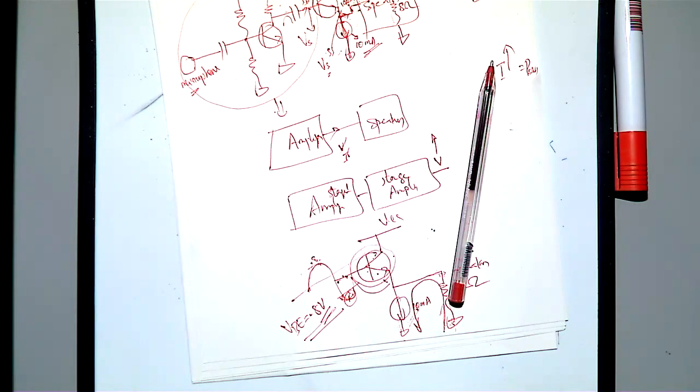But at some point when the signal is going negative, after this point your signal is negative, which means this transistor will be off. When this transistor is off, the current source will take current from this RL to the ground.